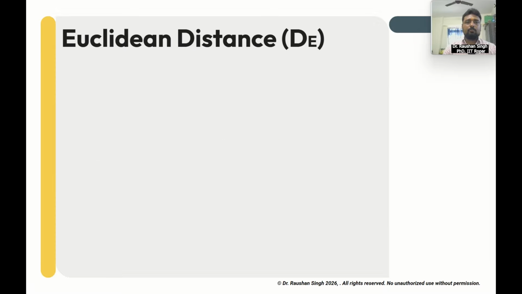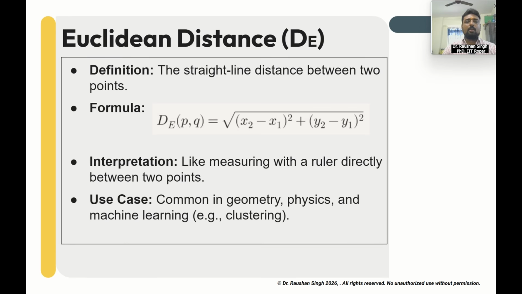So coming to Euclidean distance in detail, it is defined by the straight line distance between 2 points. As I told you, it's the minimum distance, or straight line distance, between the pixels. The formula is the root of (x2 minus x1) squared plus (y2 minus y1) squared, where x1 and x2 are the points in the x coordinate, and y1 and y2 are the points in the y coordinate.